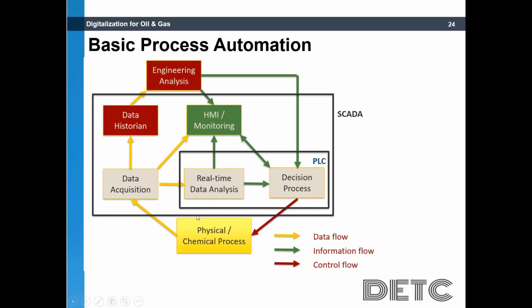So this is basically the status of the operation, be it physical or chemical process. We collect the data and then send it for real-time analysis, as well as data historian, where we carry out decisions and then we transform it into action through human-machine interaction or monitoring.